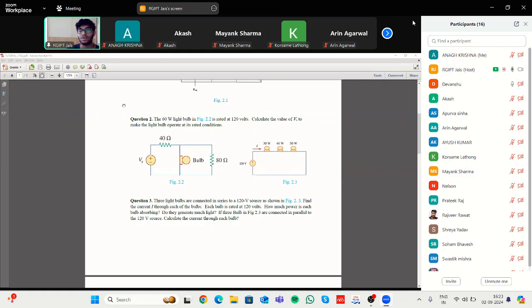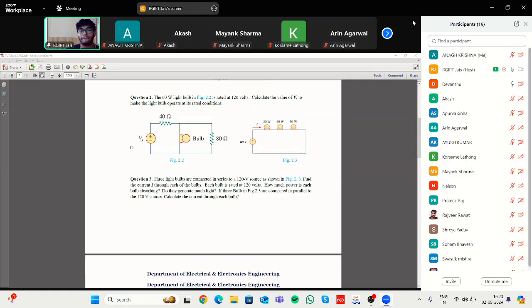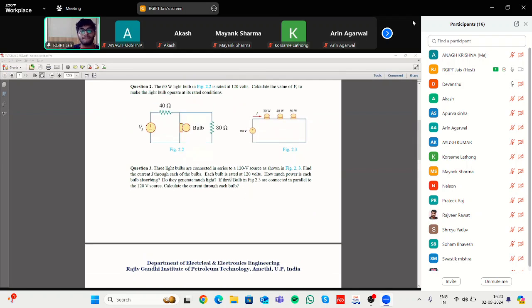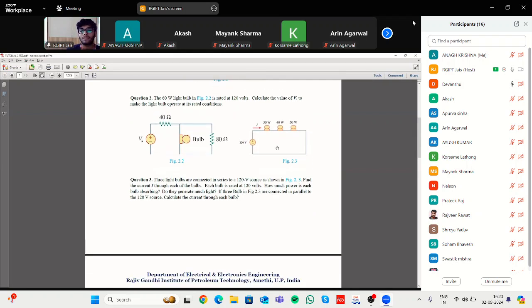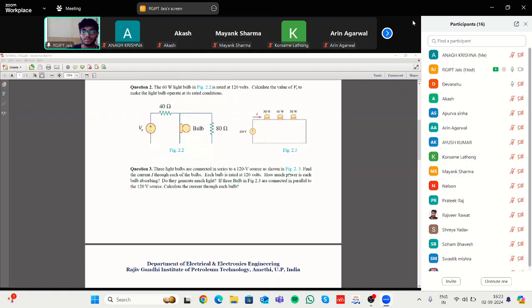Your friends didn't get the question and you are so quick. Already solved this. Okay. Two more minutes for this third question and then I will solve this again.